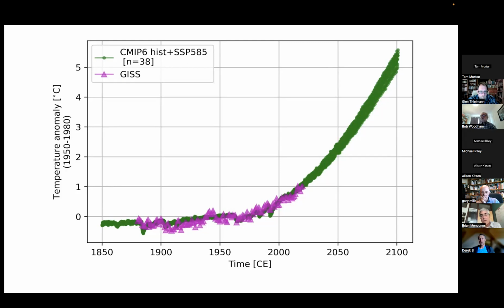suite of experiments is the high emission scenario. So if we continue to introduce greenhouse gases to the atmosphere with no mitigation, this is the sad story towards the end of the 21st century: we're really looking at about 5 degrees of warming on average for the planet.